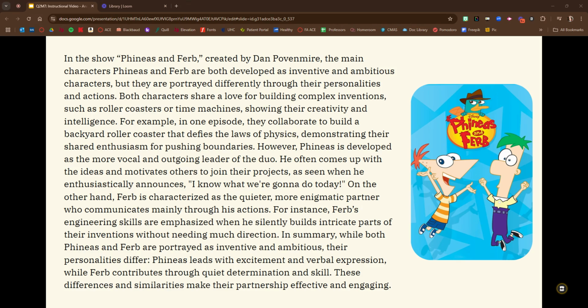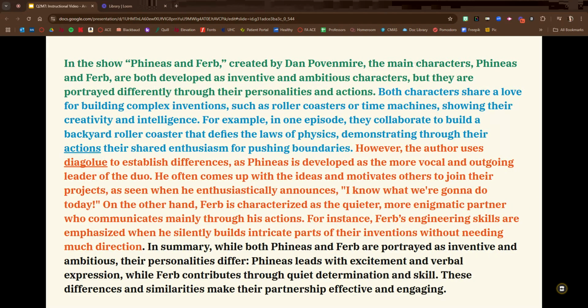All right, so what is this? So we have our topic sentence in green. I introduced the title, I introduced the author, and I told the reader, hey, I'm going to be comparing these characters. And then in blue, I highlighted their similarities. And I give a specific example.